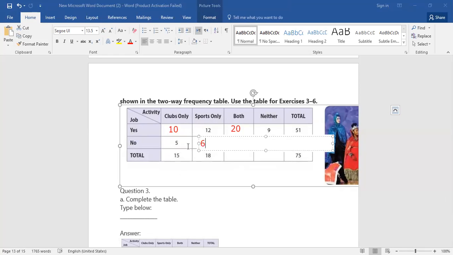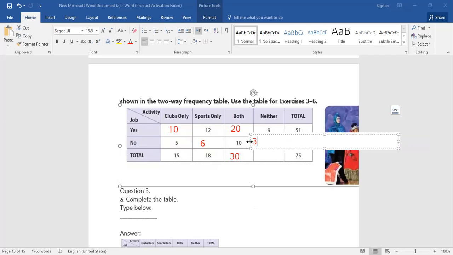Yes, 6. And this one will be equal to 30. And this one we can find, right? 75 minus 51 will be 24. And then we can find this one, it will be equal to 3. Yes.